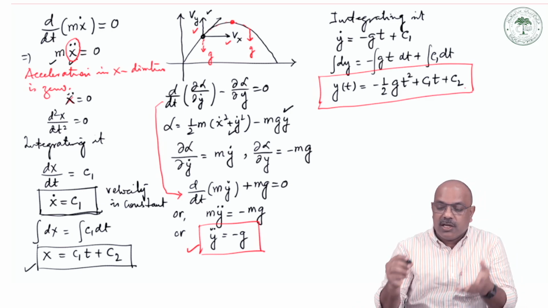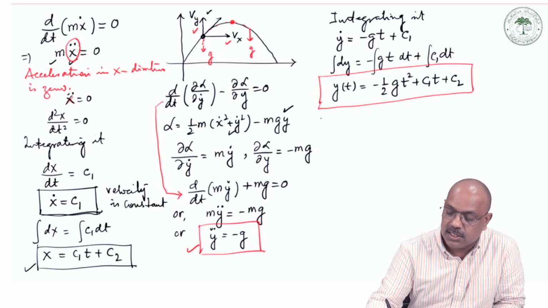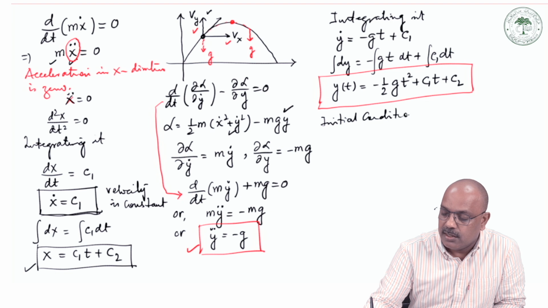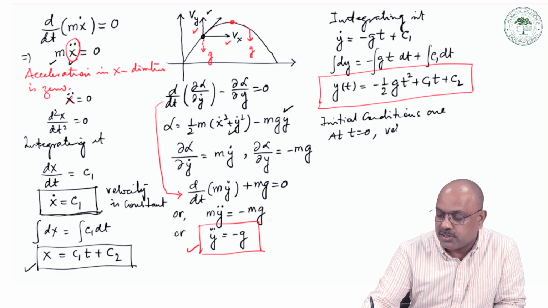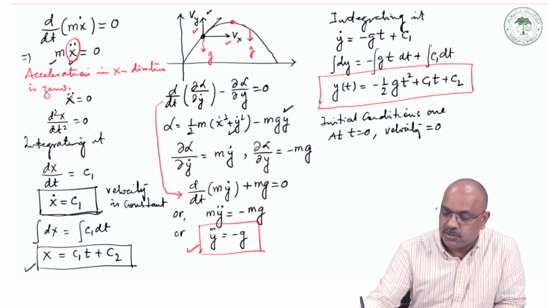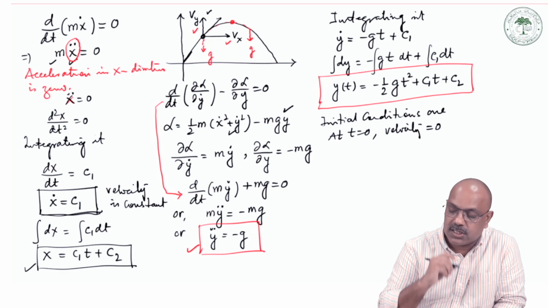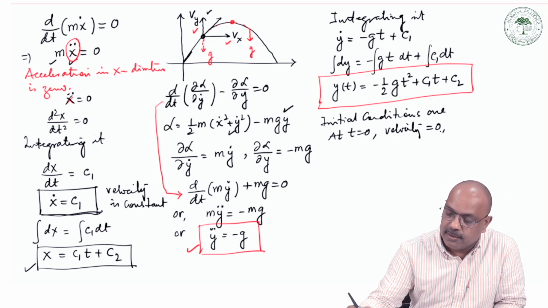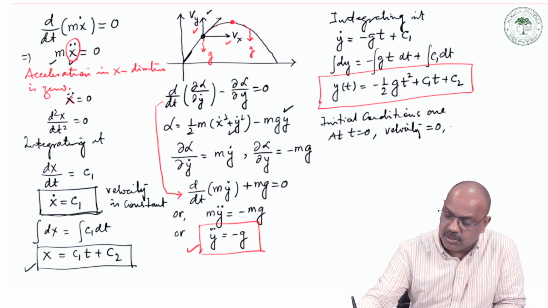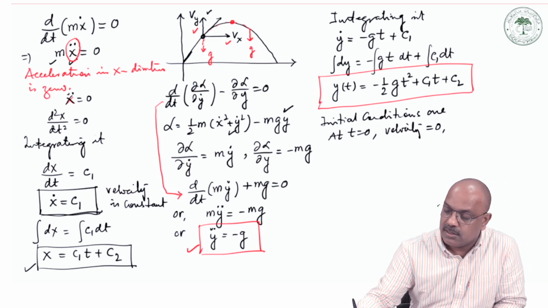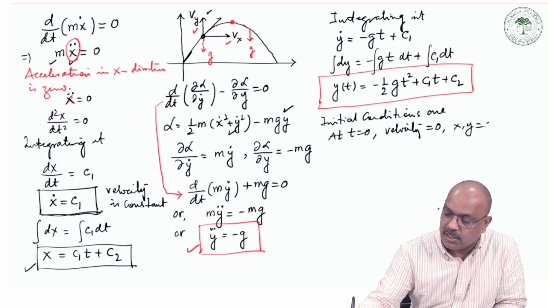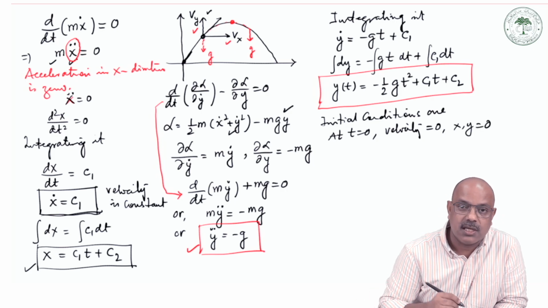If I put in the initial conditions, at t equal to 0, say the velocity is equal to 0, because when I launch, the initial velocity at t equal to 0 is zero. And let's start from here and say x and y are also 0, because when you start from here it is 0, 0.